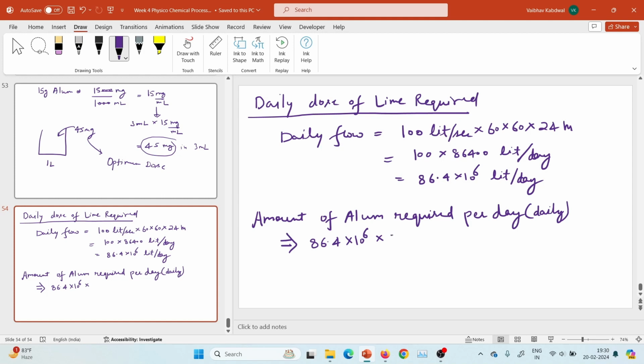How much are we adding? We are adding 3 ml into 15 milligram per ml, or let's write it in original form, 15 gram per liter.